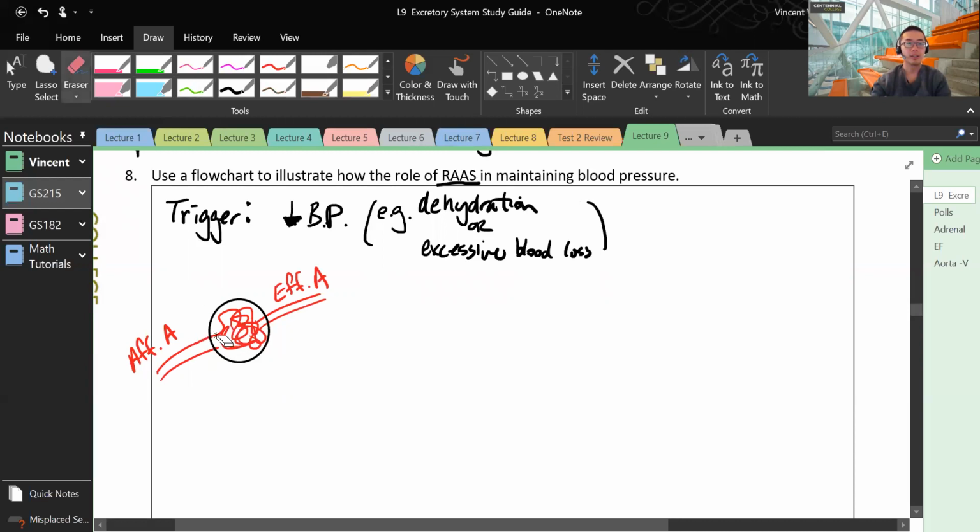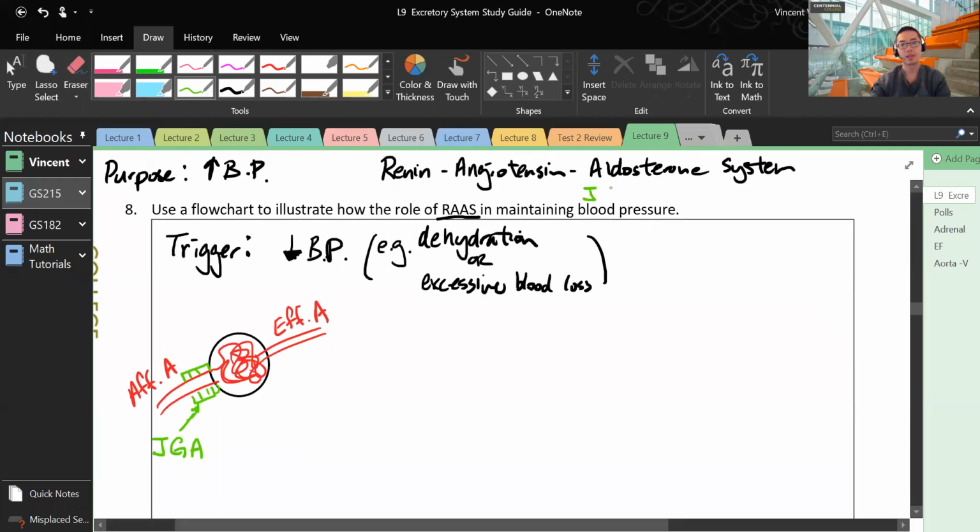Now, located on the walls of the afferent arteriole is a special cluster of cells. We call these cells JGA. I'll put the name here in case it's in the notes anyways. Juxta means right next to. Juxtaglomerular apparatus.